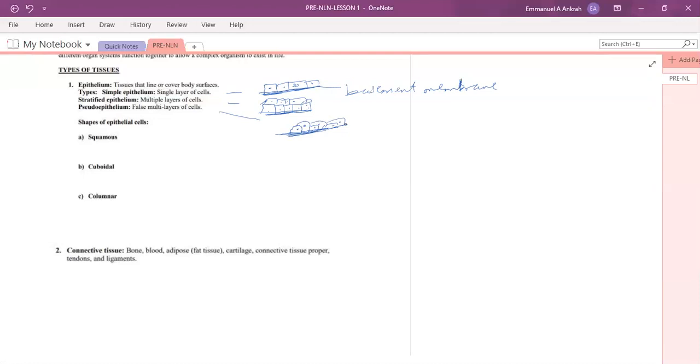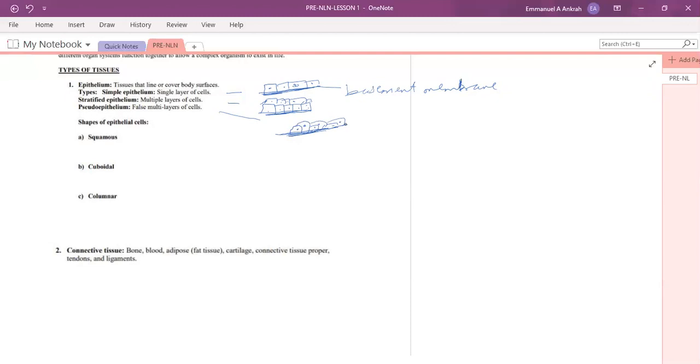Usually in areas where we want protection, that's where you have multiple layers. For example, the skin. If you take the skin, you need a lot of protection, so it would be a stratified type of epithelium, with many layers where you have wear and tear. If you want quick diffusion of substances, like in the lungs, the alveolar air sac lining is just one layer of cells.